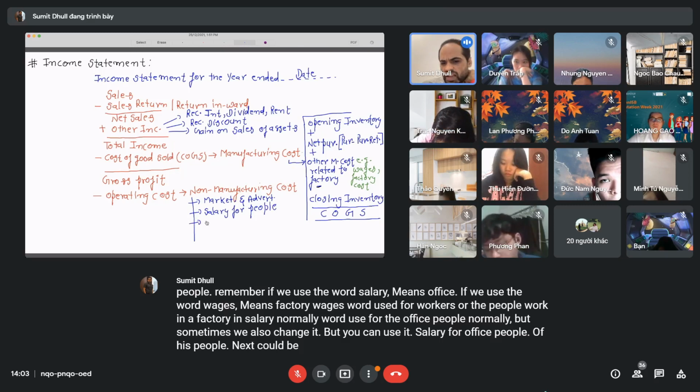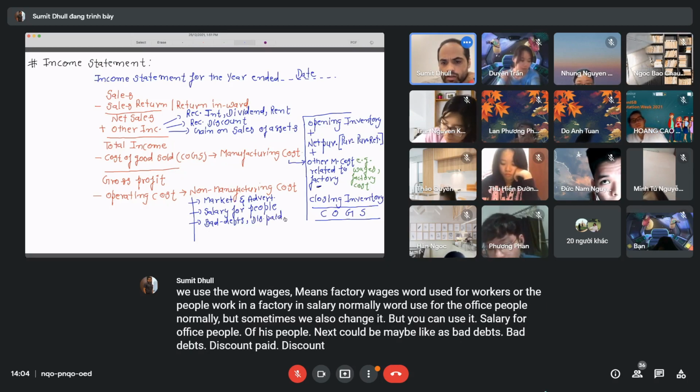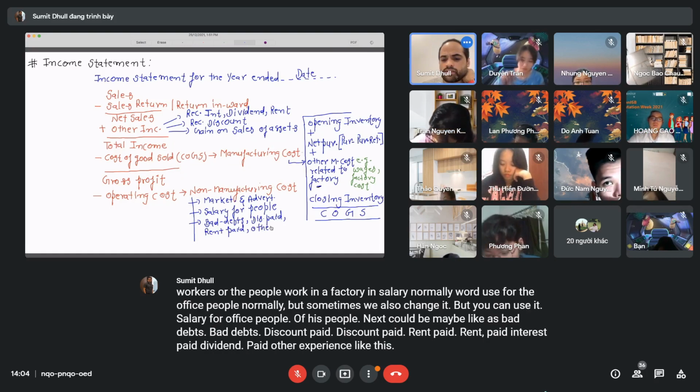Next could be maybe bad debts, discount paid, rent paid, interest paid, dividend paid, other expense like this.